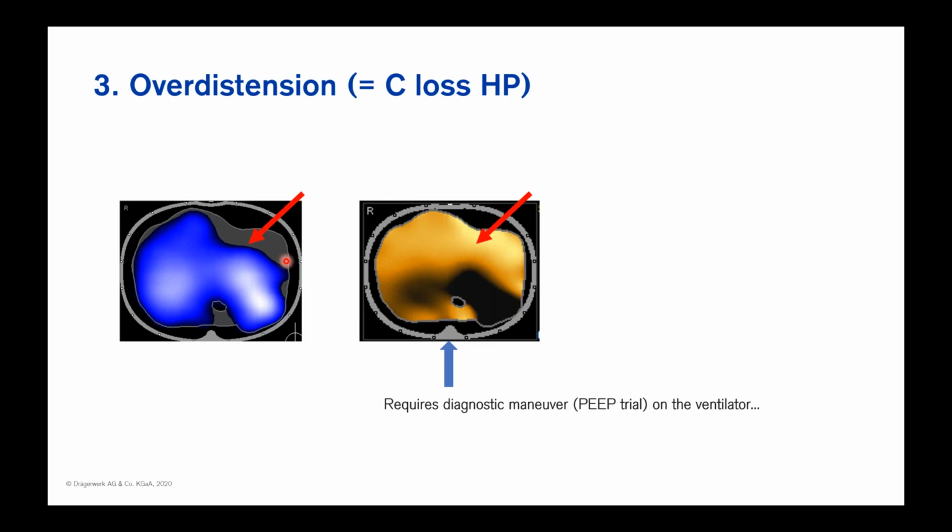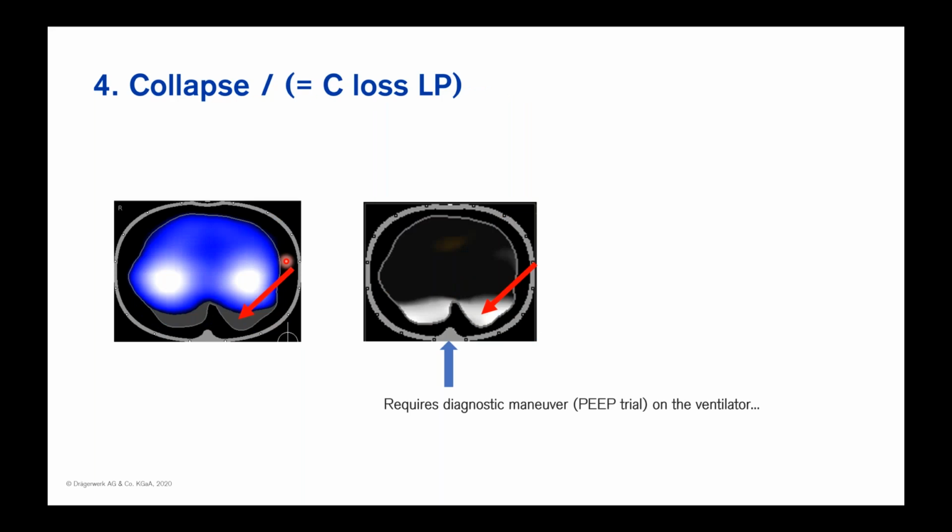Vice versa, we can also say if we have a certain ventilation distribution at a lower PEEP level and at a higher PEEP level, we could manage to get dorsal ventilation, which is now in the lower PEEP level in gray. That would be an indication of alveolar collapse at lower PEEP levels, which could be ventilated at higher PEEP levels.